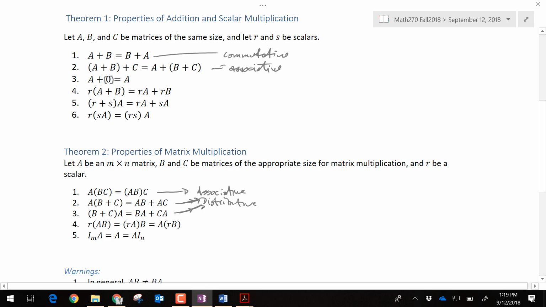And then there's also an associative property with a scalar. And this one, what did I call this? I think I called this one the additive identity.